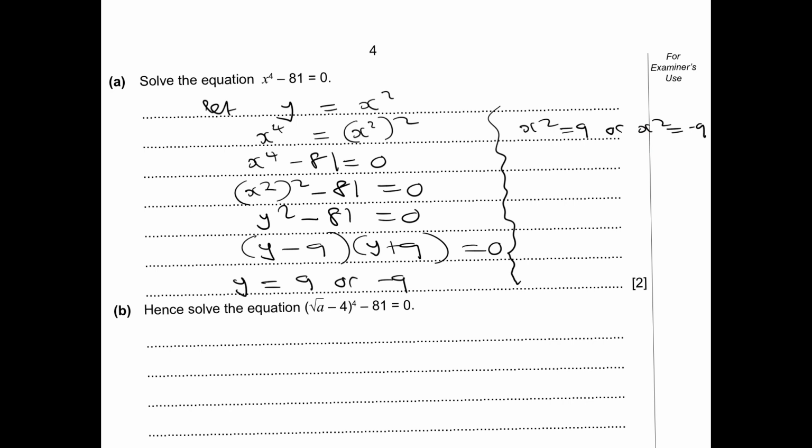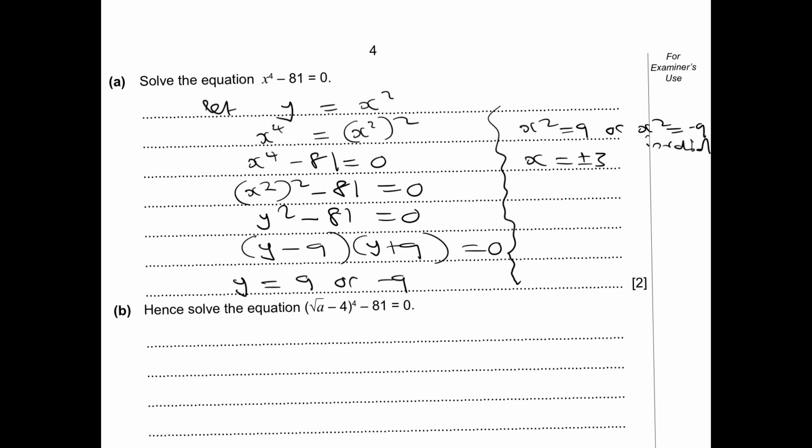So we will carry on with x squared is equal to 9. Solving that, we will find x is equal to plus or negative 3. It's very important not to forget positive or negative 3 there. Okay, so those are our two solutions: x is equal to positive or negative 3.